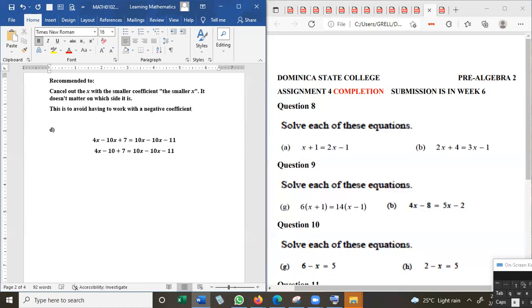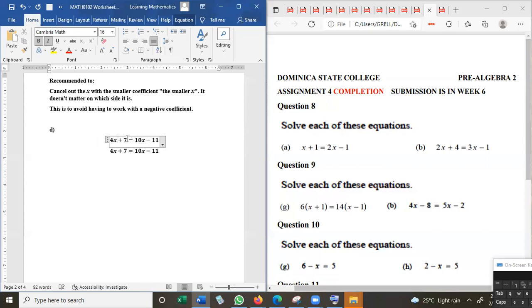That's the reason why. So here now, it is recommended to cancel out the 4x instead of the 10x.